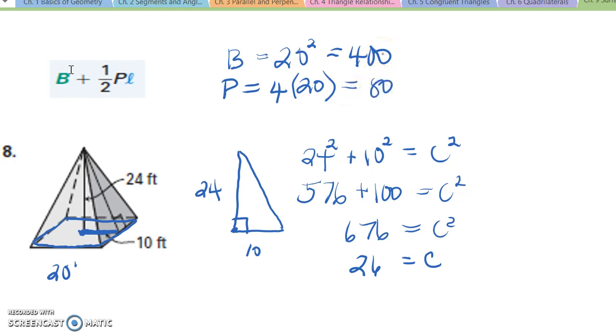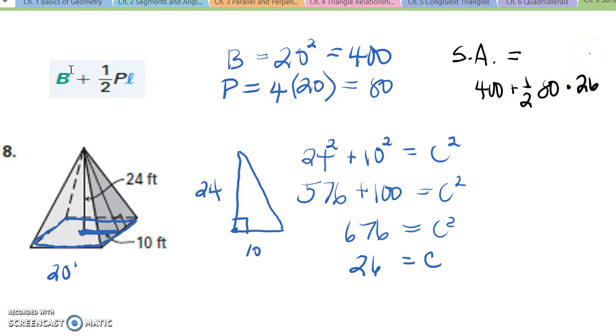So now we're ready to find our surface area. Surface area equals area of the base plus 1/2 perimeter, that's an 80, times slant height.